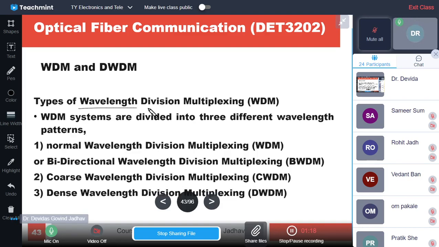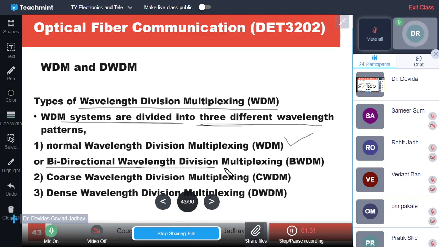Then the types of WDM. The WDM system is divided into three types, with three different wavelength patterns. Normal wavelength division multiplexing, which we are discussing, is also called bidirectional wavelength division multiplexing, that is BWDM.